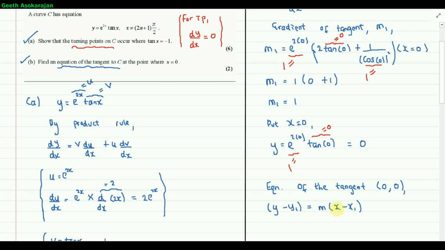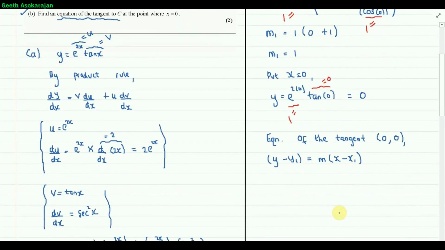You could also use y equals mx plus c, but I prefer to use this formula. Our tangent passes through 0, 0, so x1 and y1 are 0 and 0, whereas m is the gradient of the tangent, which is m1, and m1 we had as 1.